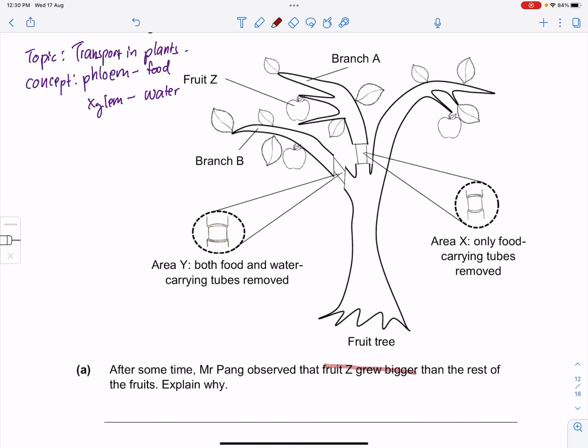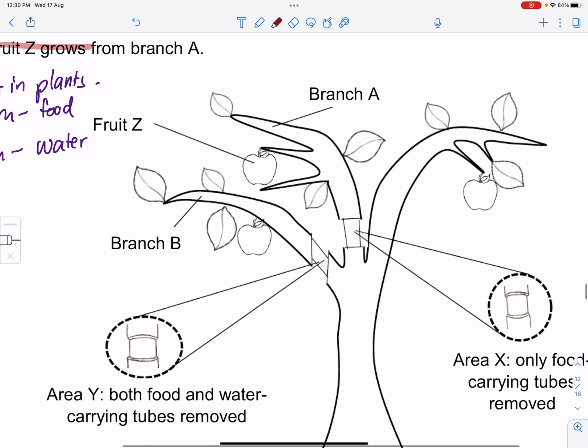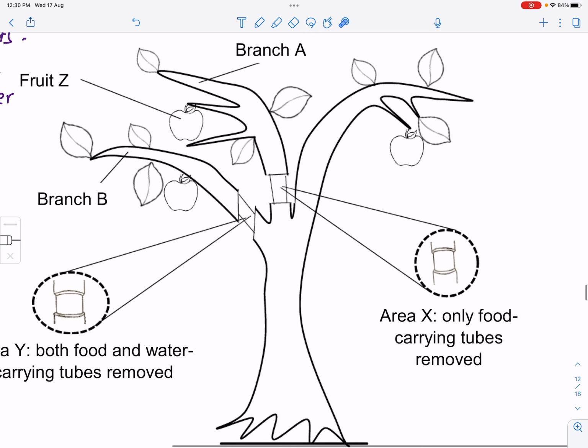They tell you that on branch A, this particular fruit grew bigger than the rest of the fruits. They also tell you that only the food carrying tubes were removed. So it's very important to note which area the cut was made. If the cut was made below the leaves, you know that these leaves are still able to carry out photosynthesis.